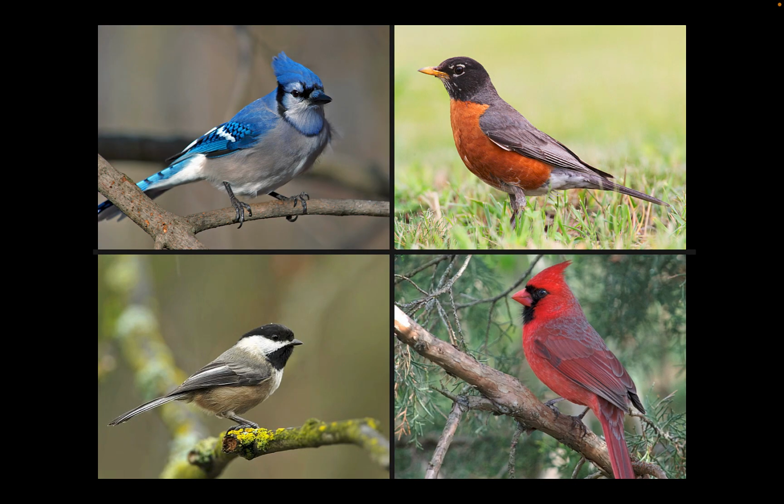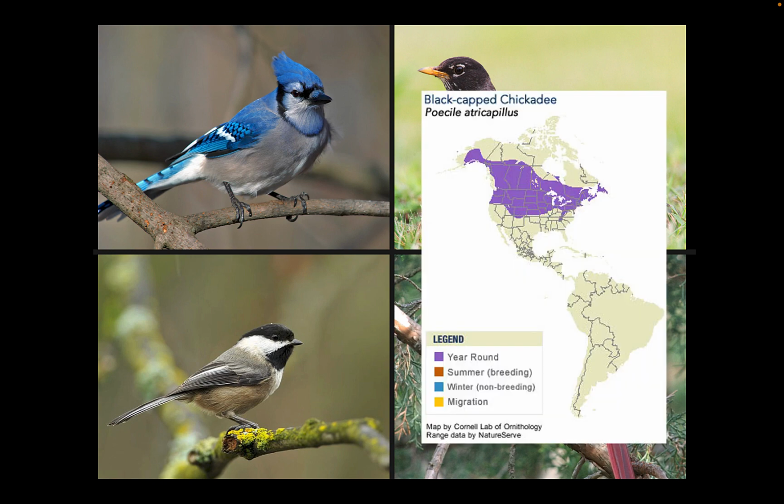So we think about these species, the American robin, the blue jay, the cardinal, and the black-capped chickadee, and we can see that they have a pretty big population at the national level. The black-capped chickadee ranges from Alaska to the maritime provinces and down into the central states, and is an abundant bird in most of its range.